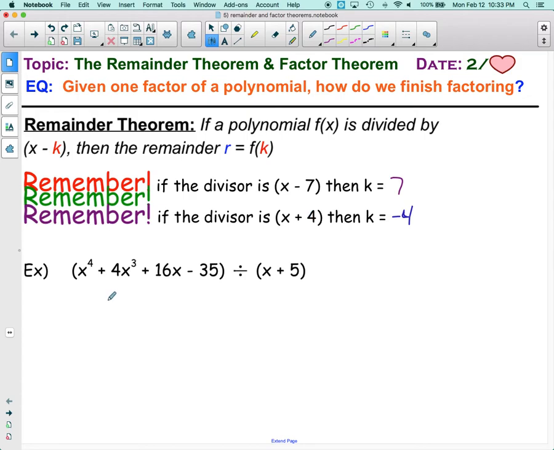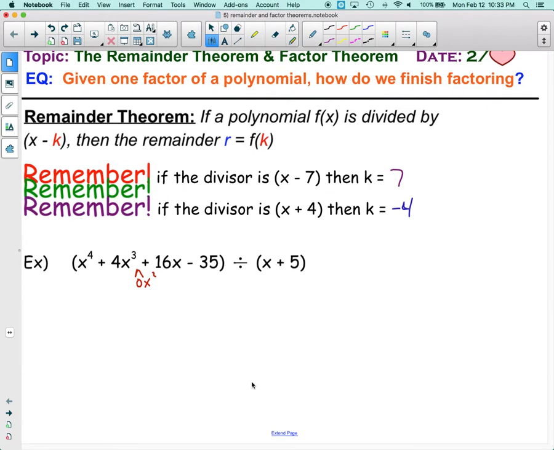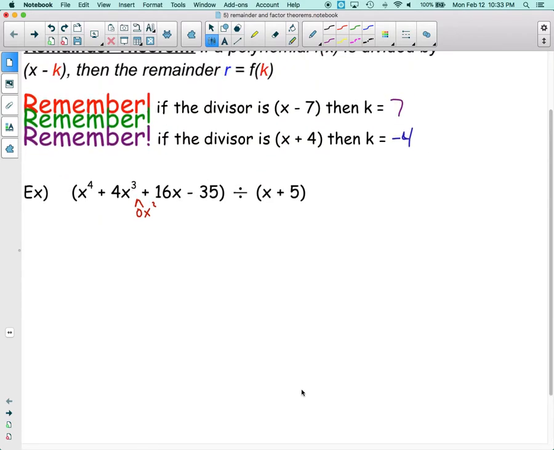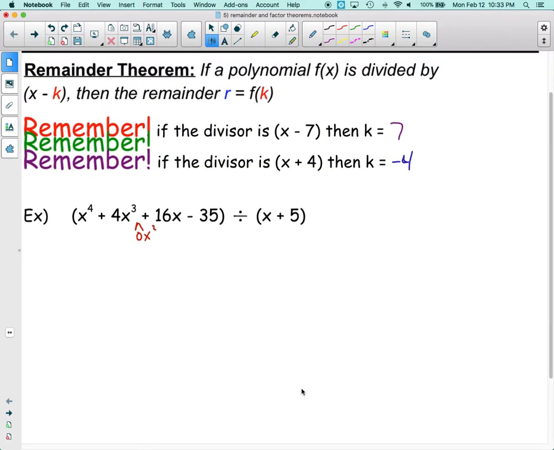Of course, one of the other big things we have to remember when we do synthetic is to look at the dividend and identify if there are any gaps in that problem. And definitely see that there are no x squareds here in this problem. So as I go to write the synthetic division box, or the synthetic substitution box, I'm going to make sure I put a 0 in there.